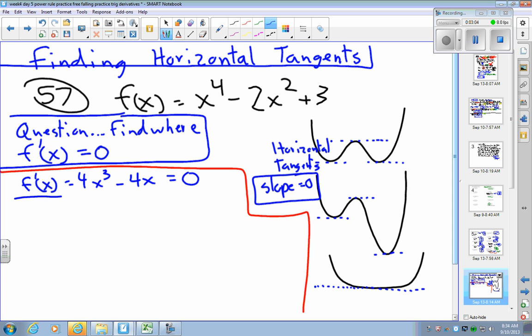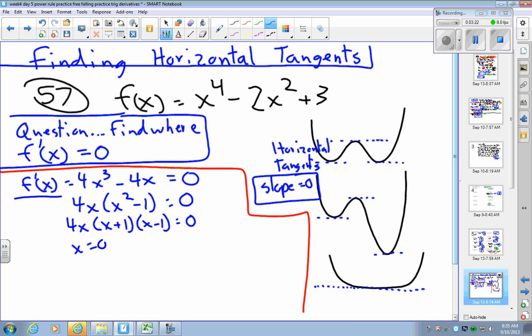You're going to lose an answer if you do that. Let's factor things out. If I factor out a 4x, I get x squared minus 1 equals 0. I can go 4x, x plus 1, x minus 1 equals 0. And it looks like this happens at x equals 0, x equals 1, and x equals negative 1.